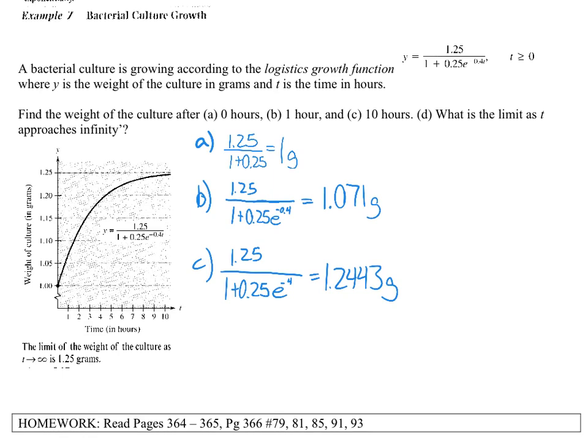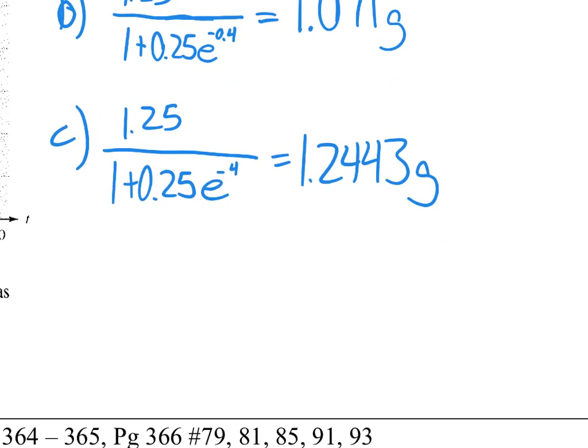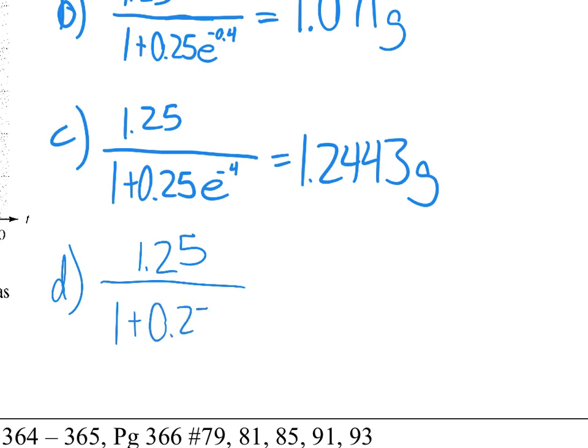Okay, so now notice here it says to find the limit as t is approaching infinity. So for D here, we have 1.25 over 1 plus 0.25 e to the negative 0.4 t.